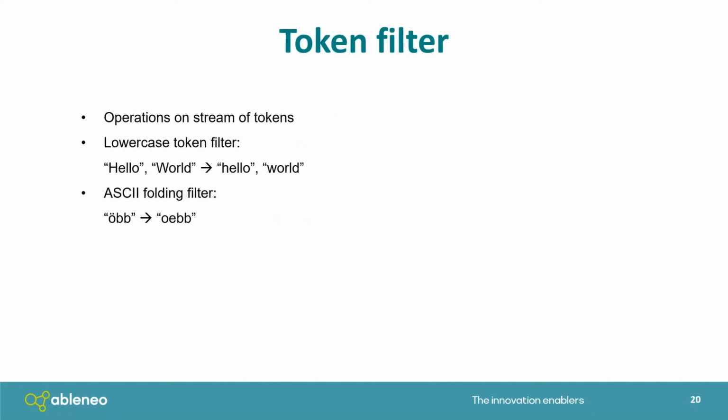When text is broken into tokens, the token filtering takes place. Token filters have tokens on input and they can add, remove or modify them. One of the most used examples is the lowercase token filter, which turns all characters in all tokens into lowercase. Another very useful token filter is the ASCII folding filter, which replaces all accented characters with their unaccented alternative, like you see on the screen.